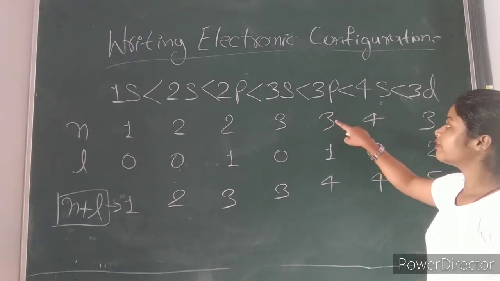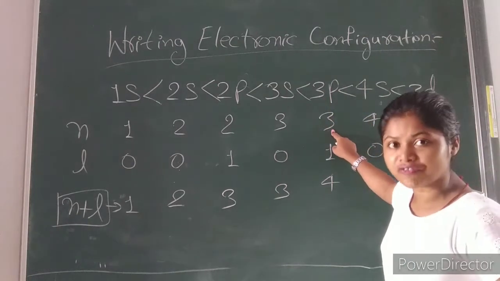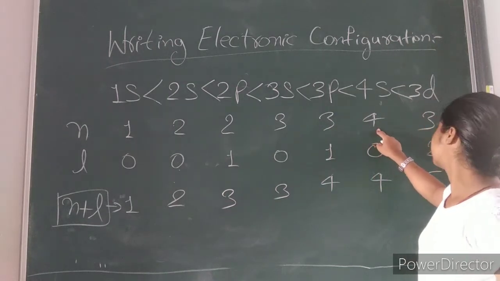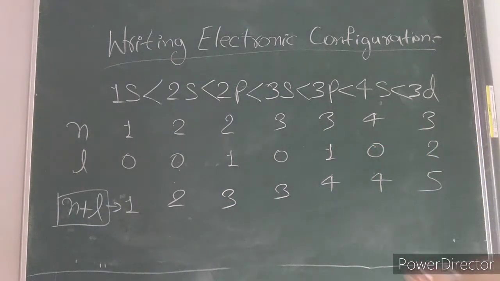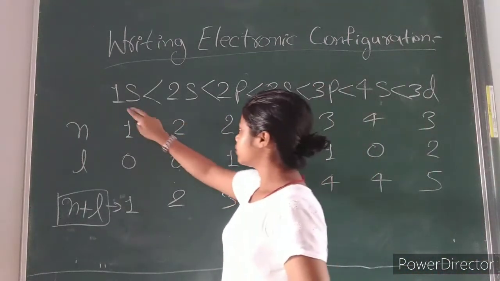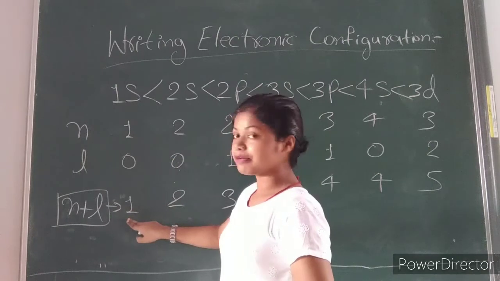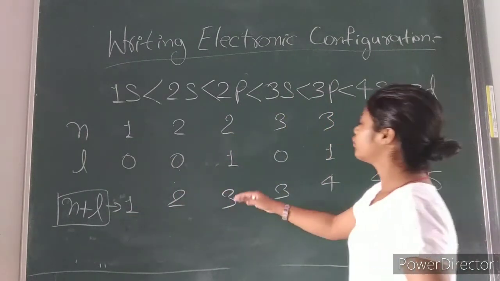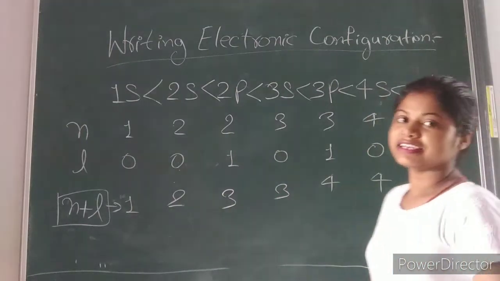That's why 3p will be filled with electrons first, and only after that 4s. So the suborbit with the lower value of n plus l will be filled first, then the higher value of n plus l will be filled later on.